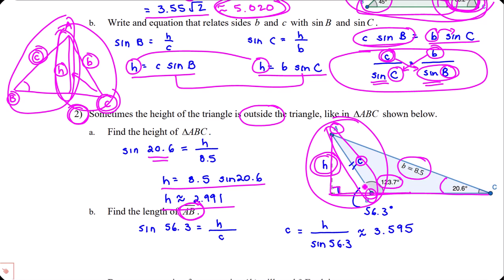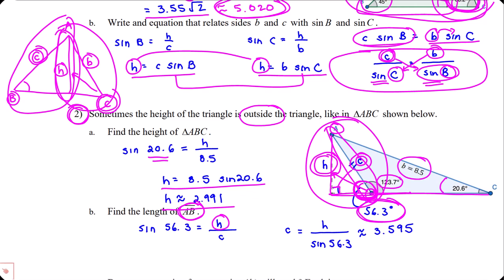This is a straight angle, so this angle here is left over from 180, and that's where I get the 56.3. So sine opposite over the hypotenuse, which is the side I want, the AB, cross multiply, and I get to here.